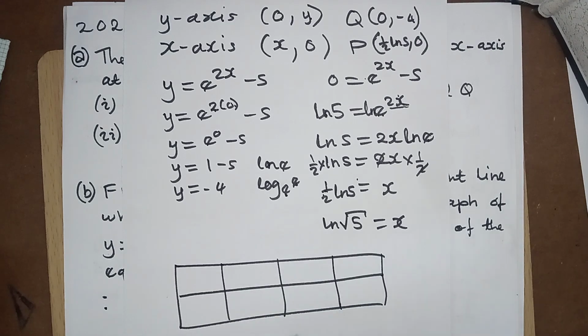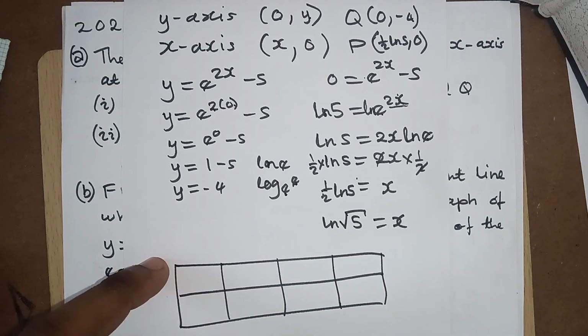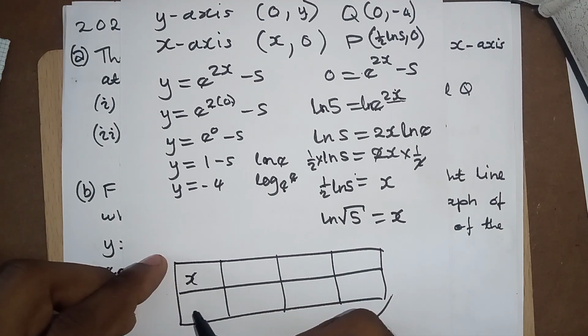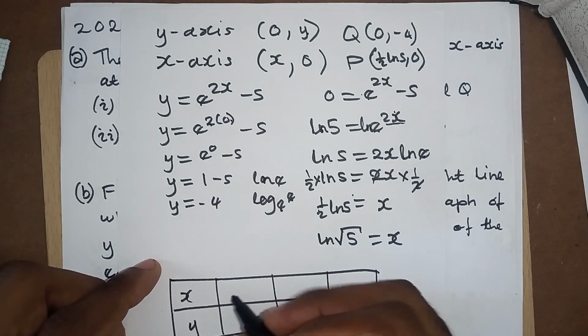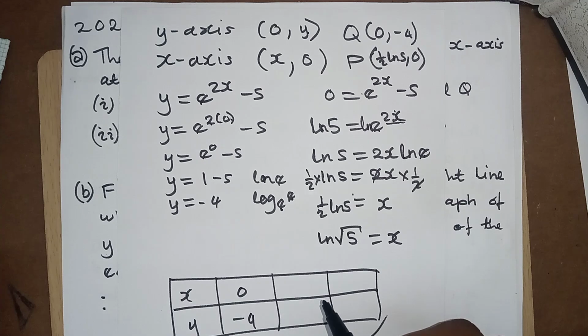Although we have several other methods which you can use without even using the table by just drawing the basic one. So we can have x and y, and then we already have these 2 points. So when x is 0, y is negative 4.